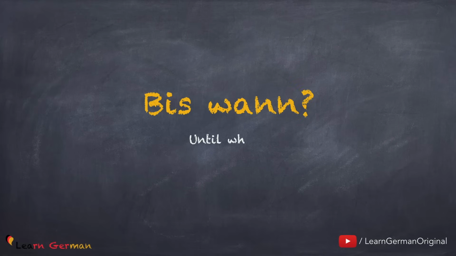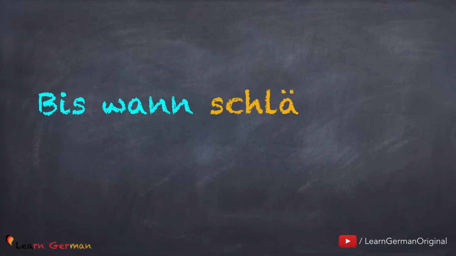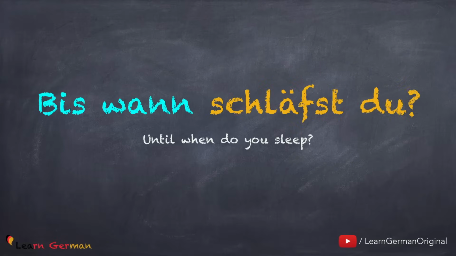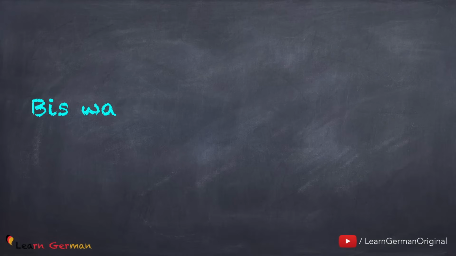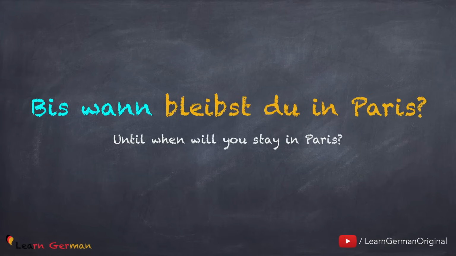Coming to the next one. Bis wann? Let's see a question with this. Bis wann schläfst du? And the answer would be Ich schlafe bis 12 Uhr. Let's take another question. Bis wann bleibst du in Paris?